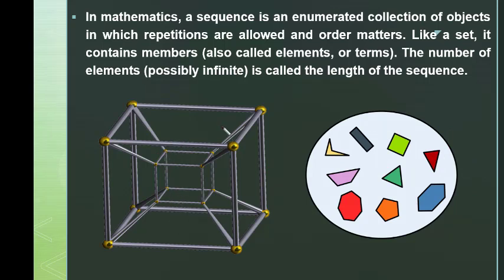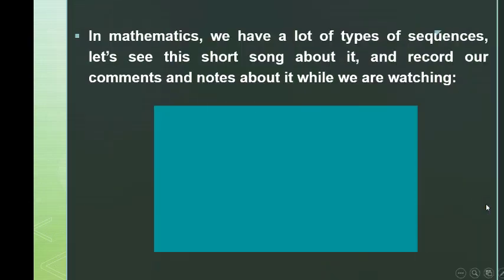As you see here, the number of elements is possibly infinite if the set is an infinite set, and it's called the length of the sequence. In mathematics, we have a lot of types of sequence. Let's see this short song about it and record our comments and notes about it while we are watching.